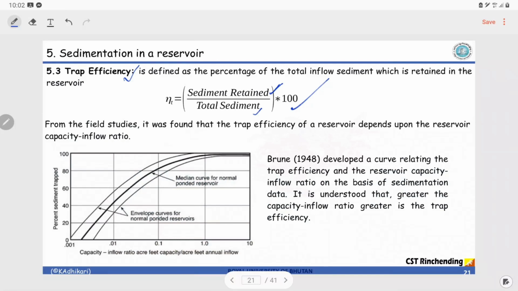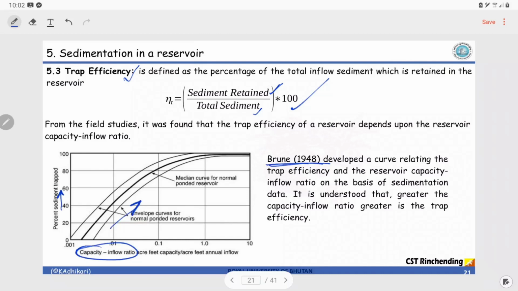It was first studied by Brune. It was found that as the capacity inflow ratio increases, the trap efficiency also increases. Trap efficiency gives us information about how much sedimentation will occur. The more the trap efficiency, the more the sedimentation.